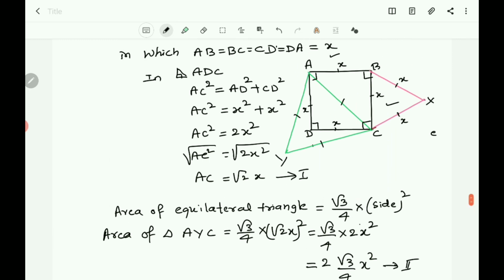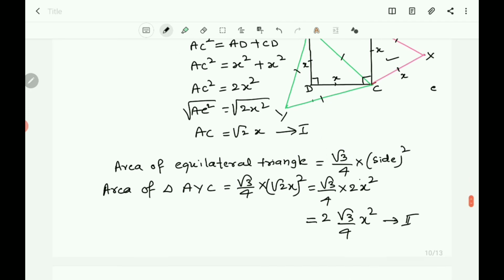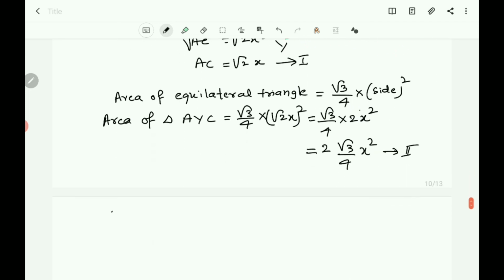Next you take the area of the equilateral triangle BXC. Area of triangle BXC is equal to root 3 by 4 into x square, root 3 by 4 x square.